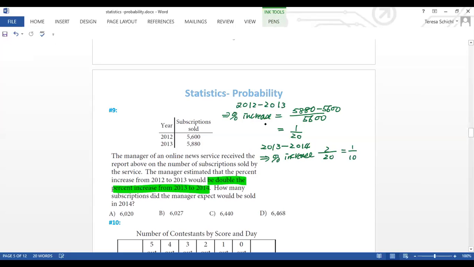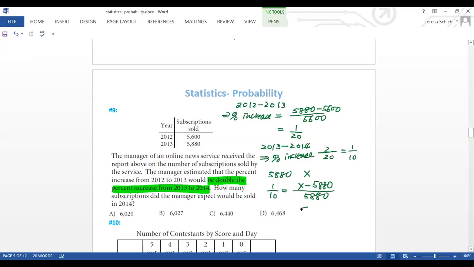Okay, so now let's take a look. 2013, I have 5AA0. 2014, I don't know how much I'm having, right? But I know the percent of increase is 1/10, which is going to be equal to x minus 5AA0 divided by 5AA0, is going to be equal to 1/10, right?